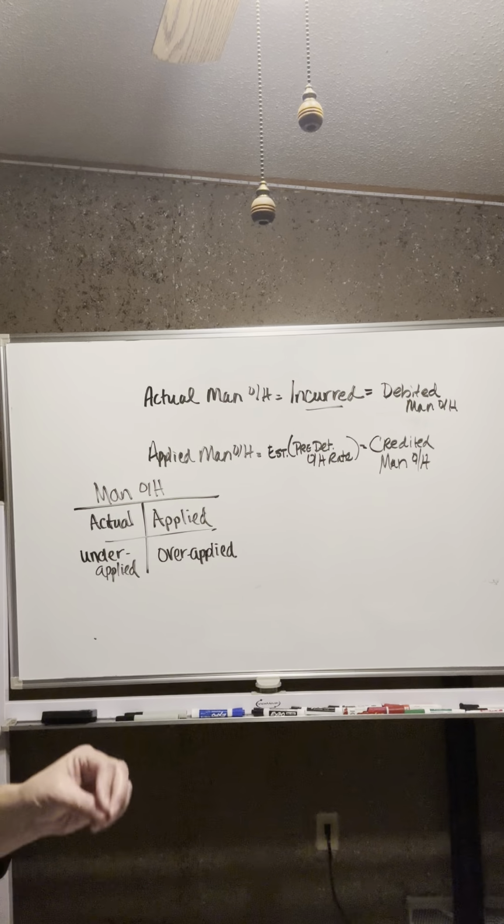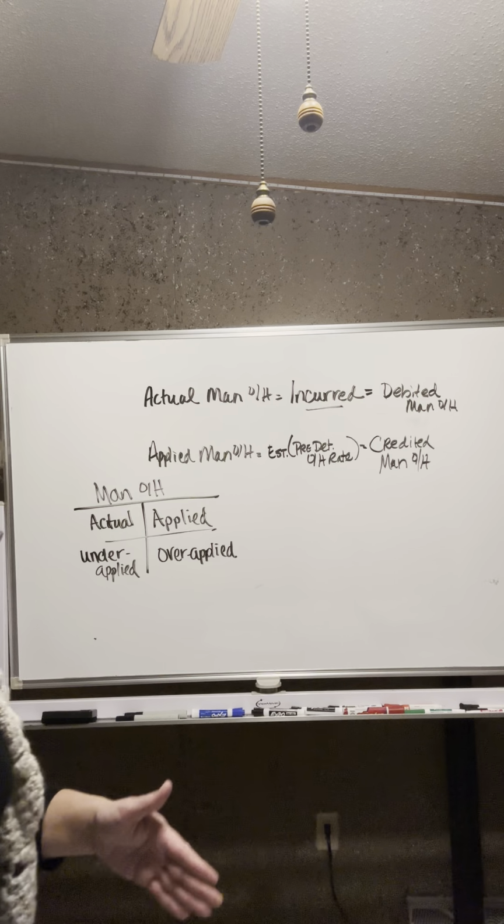This is throughout the year, not the final. So if it's a calendar year, January through November, those are interim balances. If you end up at the end of the month with over applied manufacturing overhead, that would be an unearned revenue, or a liability, on your balance sheet. Under applied would be shown as a prepaid expense.